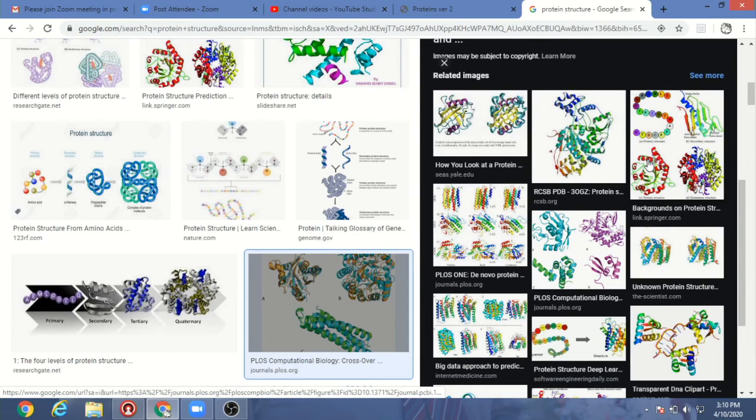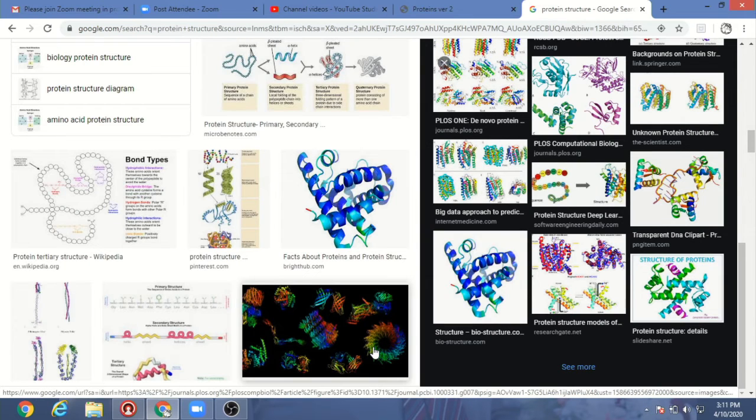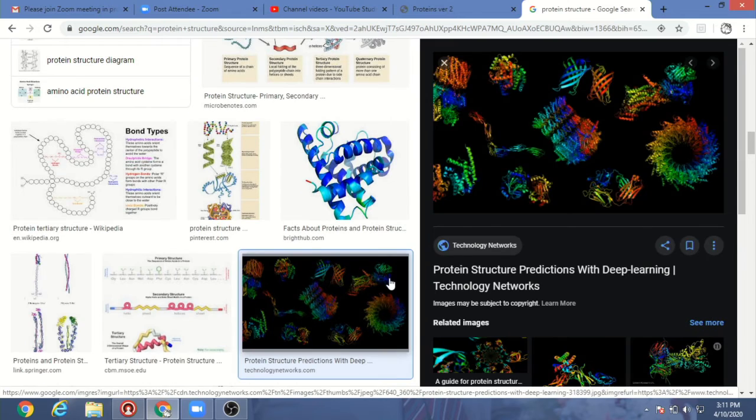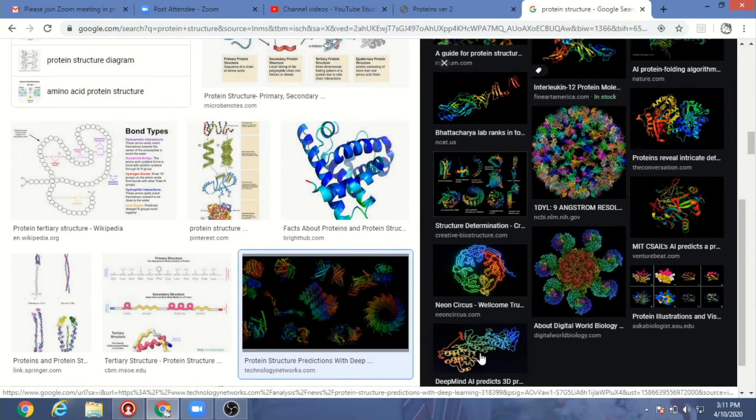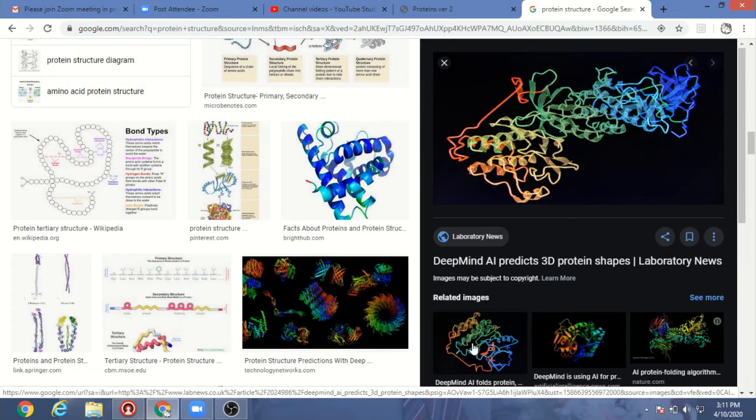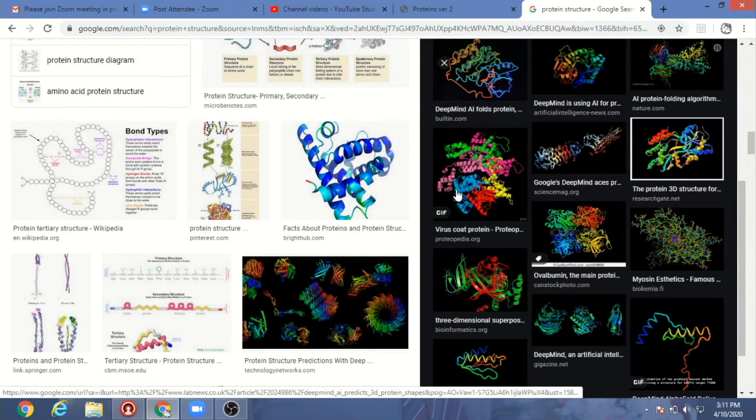You'll get stuff like this. It's almost artistic looking. You see the ribbons, right? You see the alpha helixes and you see the pleated sheets, right? Really exotic stuff. Look how these are huge molecules, right? And what you can see is ribbons and coils. There you go.